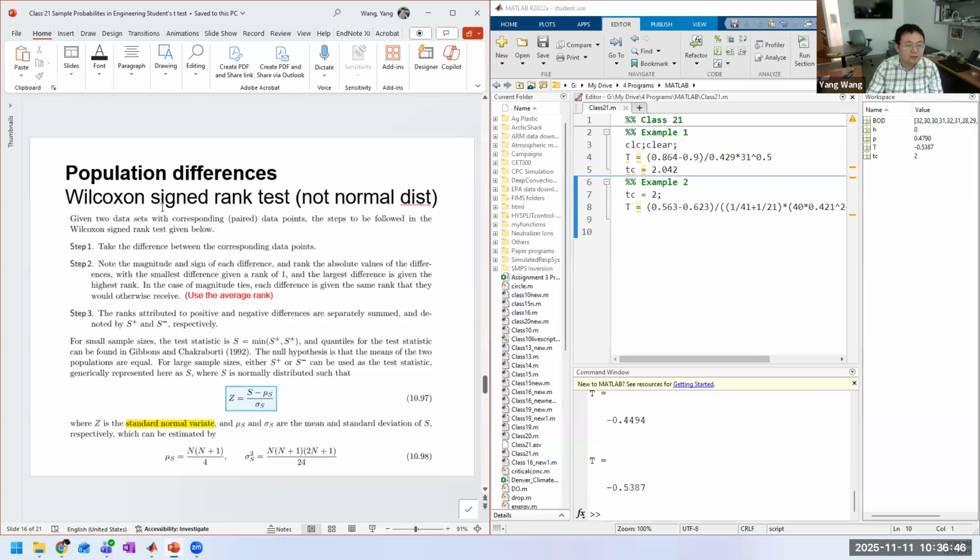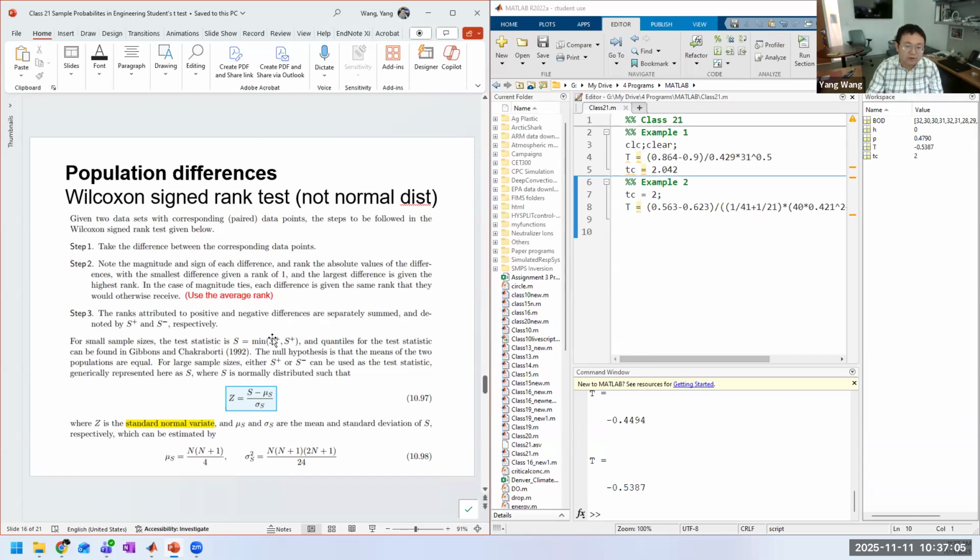Right? So this is why it's called the signed rank test. So we're basically having the rank and then consider the different signs. So then we test the S. Basically, it's the minimal value of these two different summations of the ranks, right?